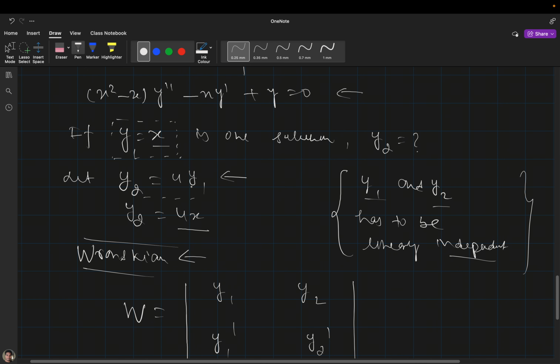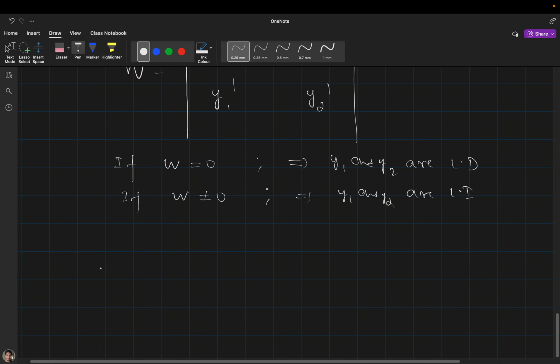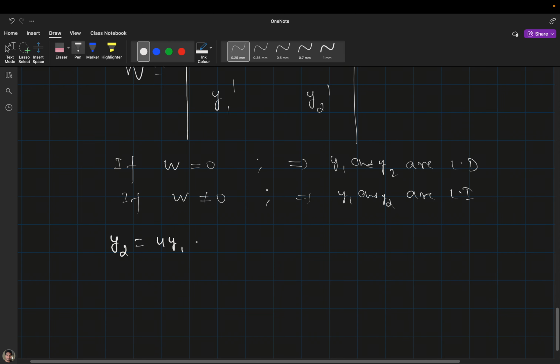Now since we have assumed that the second solution is u times y1, what I will do is plug this into the differential equation, then I will try to get u, because the first solution we already know. So I have assumed that y2 equal to u times y1, which is nothing but u times x.